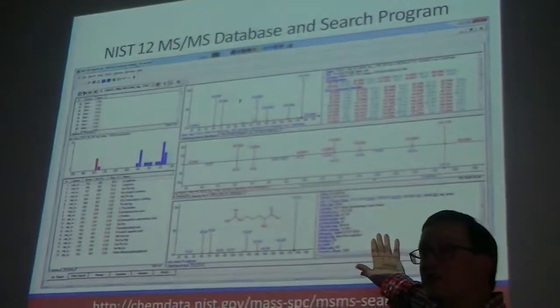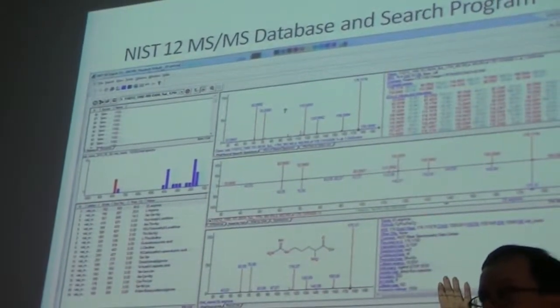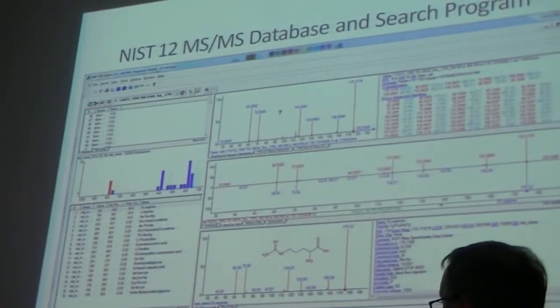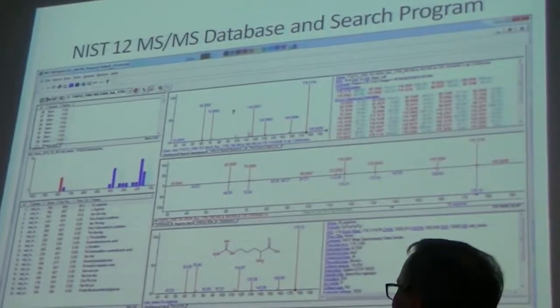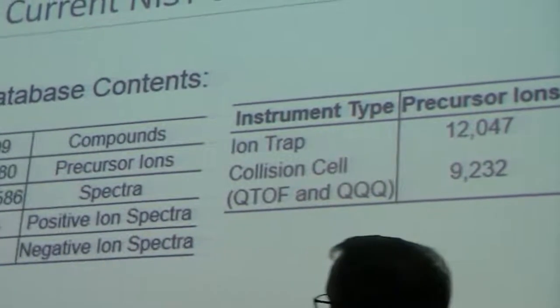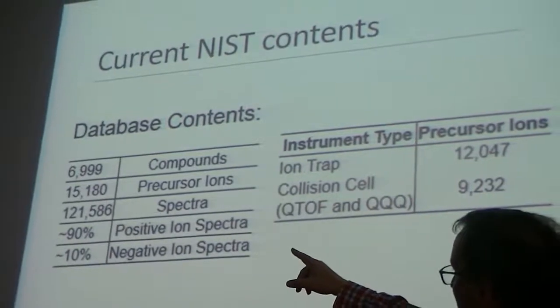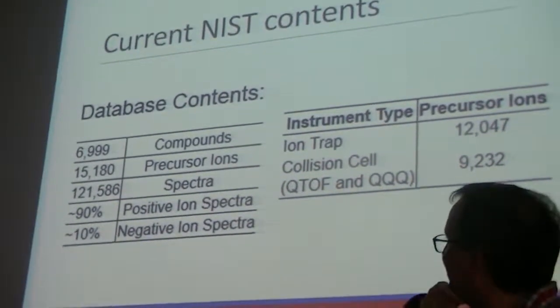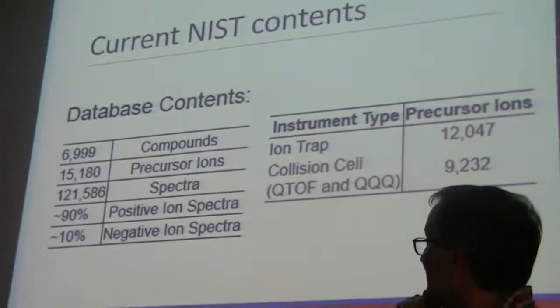The National Institute of Standards and Technology in the United States is also responsible for generating one of the largest spectral libraries. I almost took a job with them, frankly, on a couple of different occasions. Some of the nicest guys you'd ever meet in the field of mass spec informatics. At their last test, they had 121,586 spectra for just under 7,000 compounds.